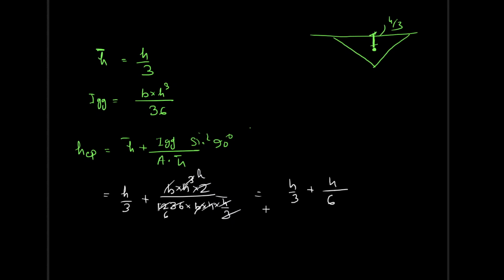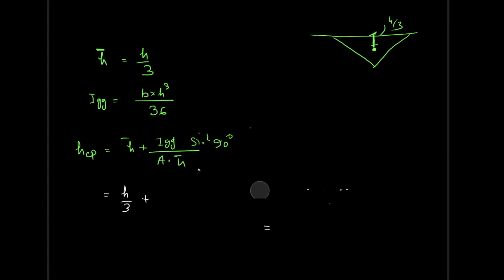I hope this is h by 3, and if I calculate, wait a second, let me calculate it once. So this is h by 3, this is b into h cube by 36.